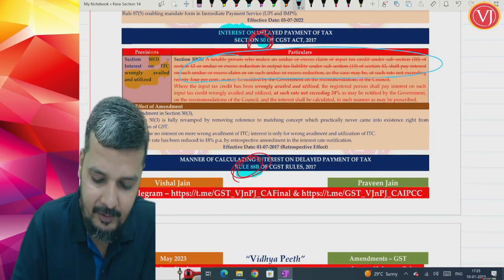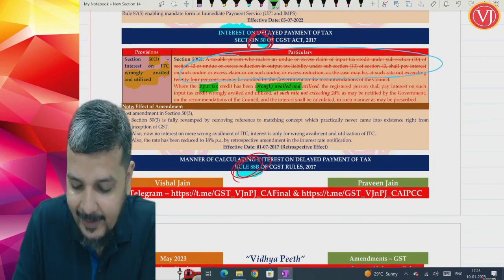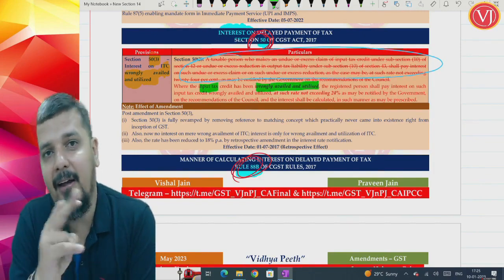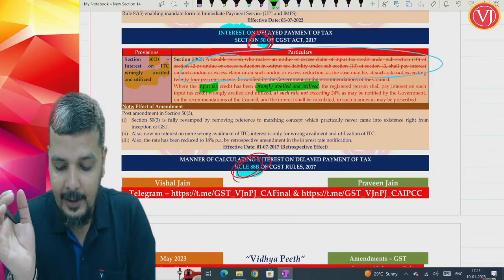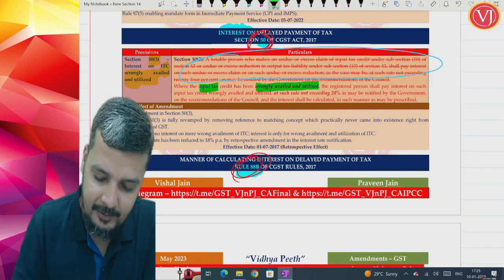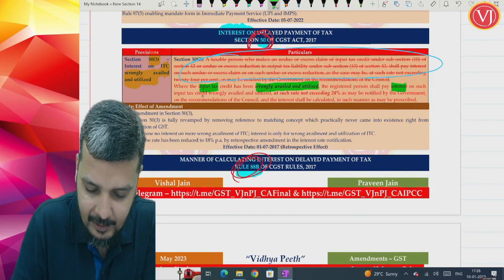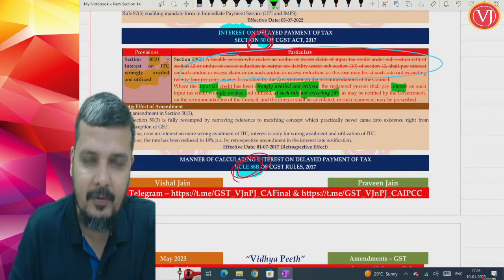The new provision stands as: where the input tax credit has been wrongly availed and utilized. Wrong availment alone will not cause any problem. If it is only wrong availment, nothing will happen. Where it is wrongly availed and utilized, the registered person shall pay interest on such input tax credit at such rate not exceeding 24%.